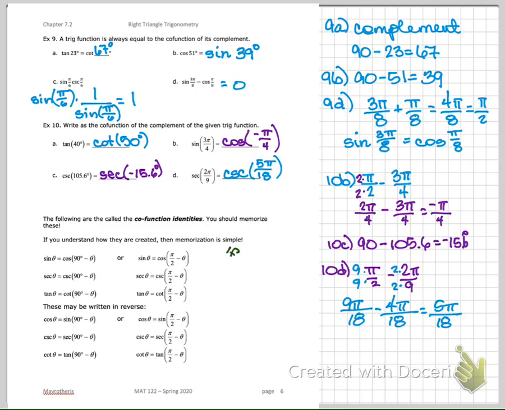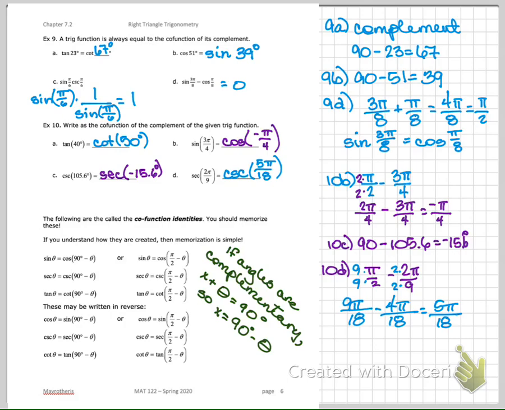If the angles are complementary, that just means one angle, we're going to call it x, plus the other angle equals that 90 degrees, which means then we could solve for x, we get 90 minus theta. If we are in radians, we got that x plus theta equals pi over 2. So then our angle x is just pi over 2 minus theta.